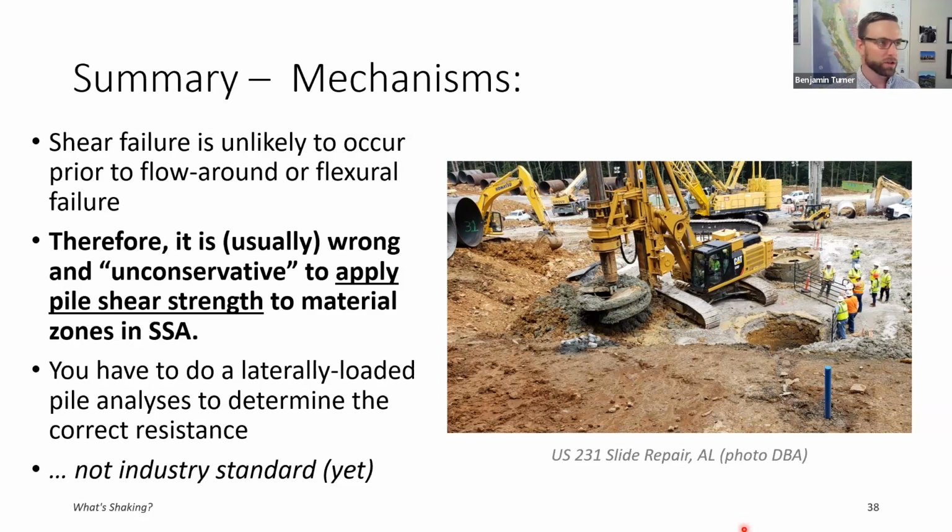So crucially, this third bullet point, which also applies for the seismic case, is that you have to do a separate laterally loaded pile analysis in order to determine which mechanism controls, and by extension to determine the correct resistance, meaning how much shear force is mobilized when one of these other failure mechanisms occurs. And that does not appear to be the industry standard quite yet.